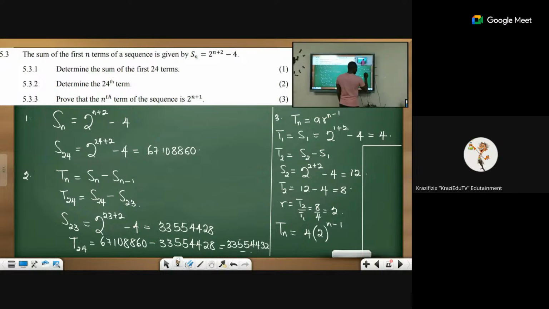So my 4 can be 2 to the power 2, times 2 to the power n minus 1. If I am multiplying, what do I do? I keep the base and add the exponent. What is 2 minus positive 1?